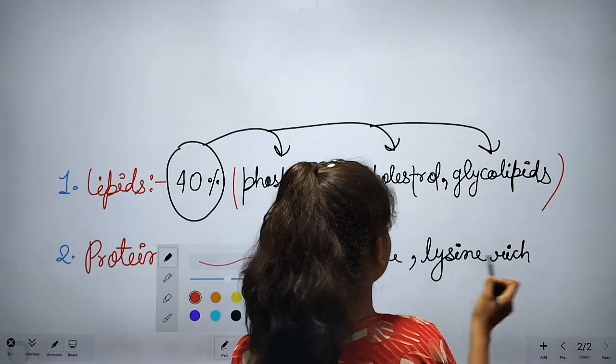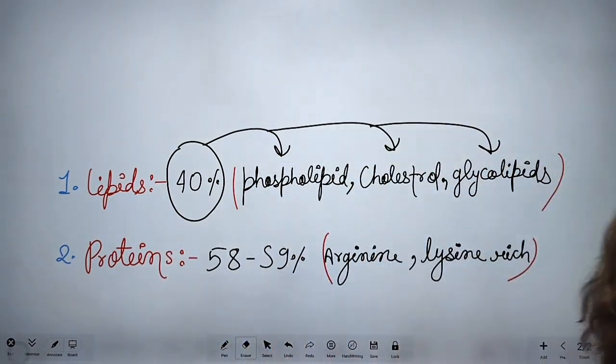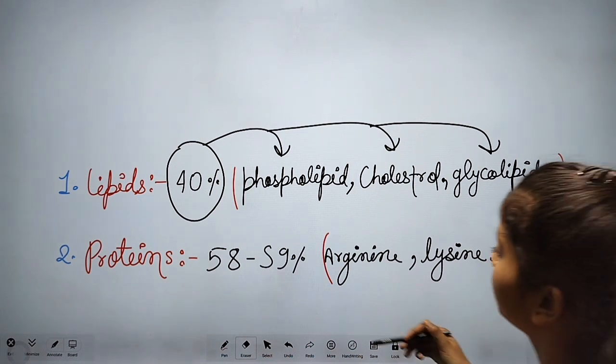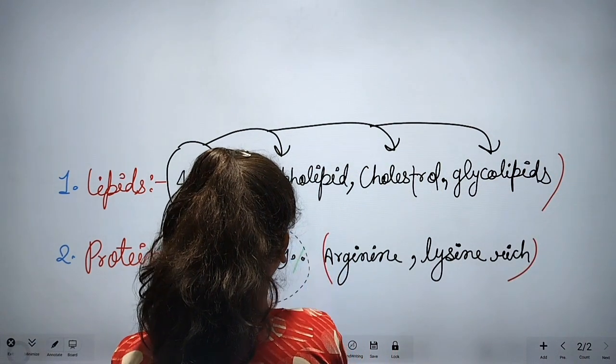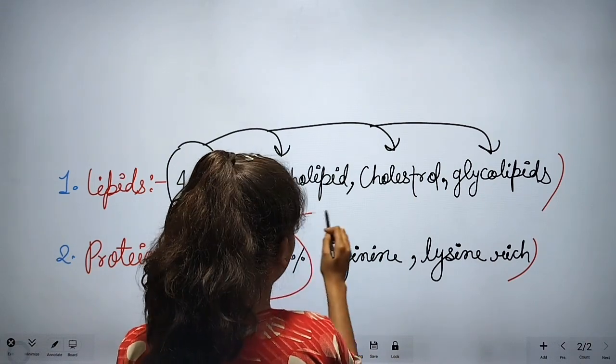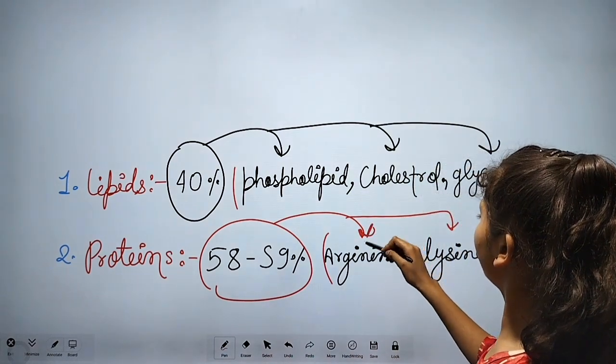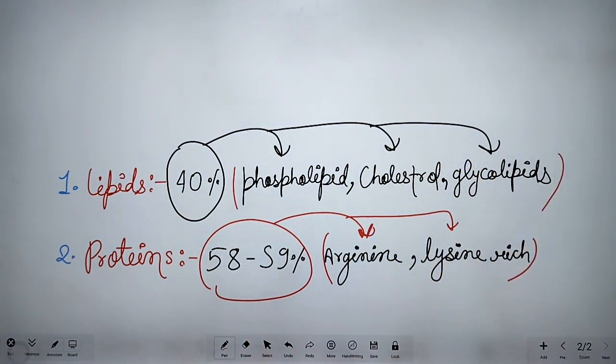It means protein is present in the plasma membrane at 58 to 59%. In the protein there is what? Arginine and lysine, which is rich in lysine. Okay, these are the proteins available in the plasma membrane.